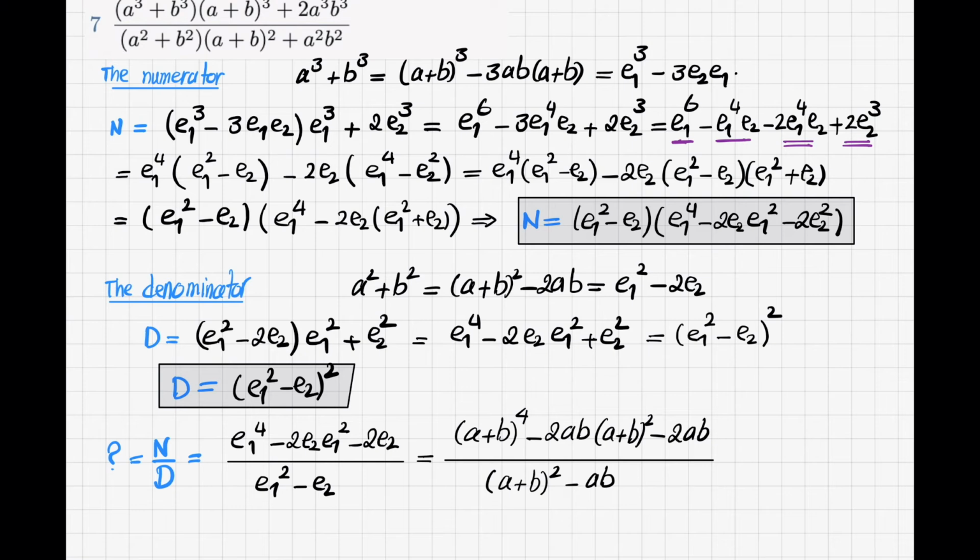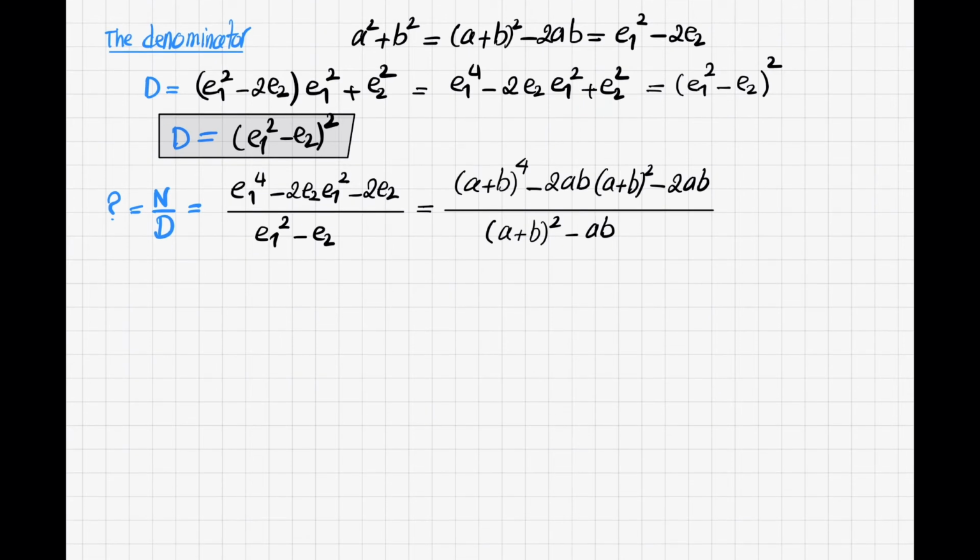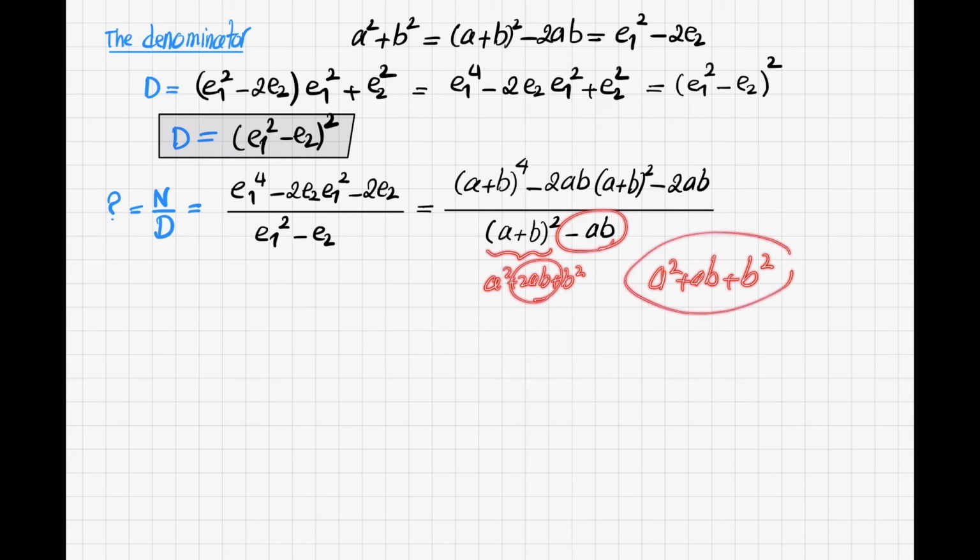Okay. Of course, I have to simplify, so I cannot just stop there. For the denominator, I don't have any problem. So the denominator becomes a squared plus 2ab plus b squared, but minus ab and 2ab will be simplified to ab. So what is left for me in the denominator would be exactly this expression, which is given in the answers.